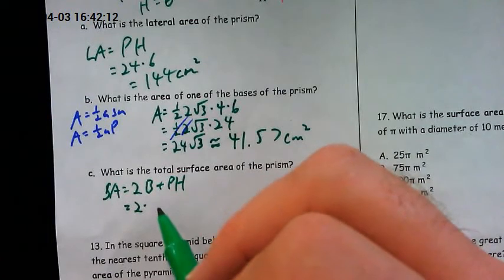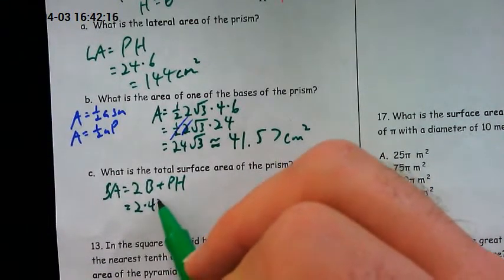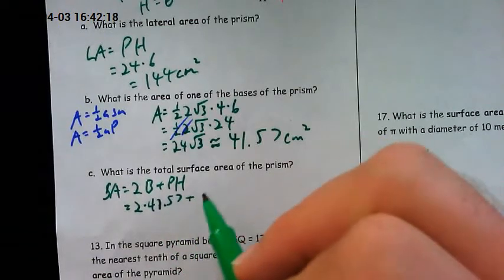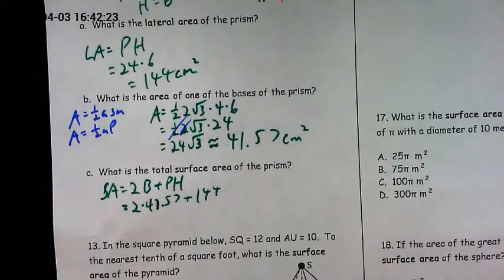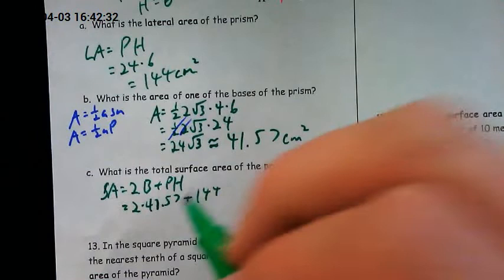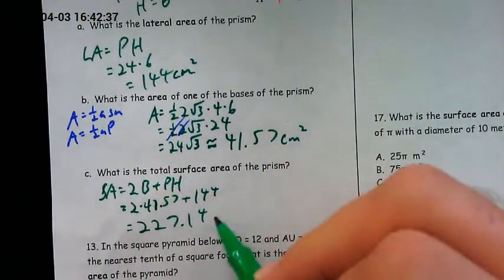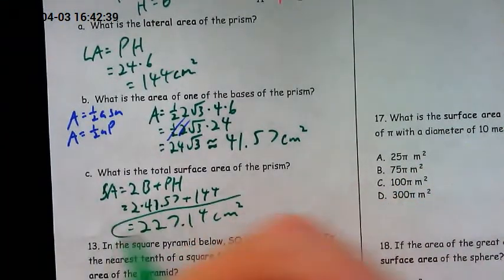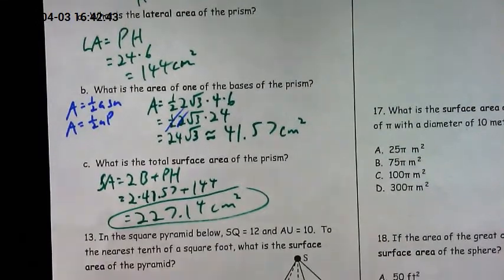So now we would have 2 times 41.57 plus 144, which is 227.14. And this is, again, in units squared. Every single one of those answers was area, so they are all in units squared.